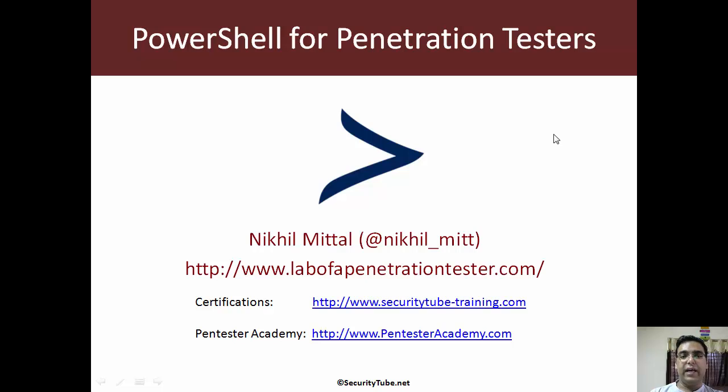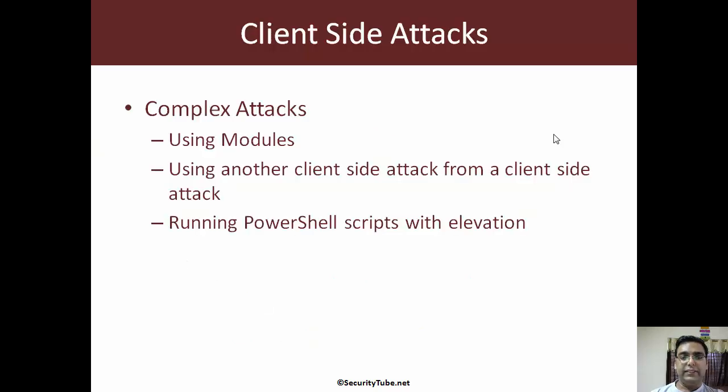This video is last in the series of the discussion over client-side attacks. So let's see performing some complex attacks with the help of PowerShell scripts. We will see how to use modules. Till now we have been using only PowerShell scripts. We will see how to use script modules.